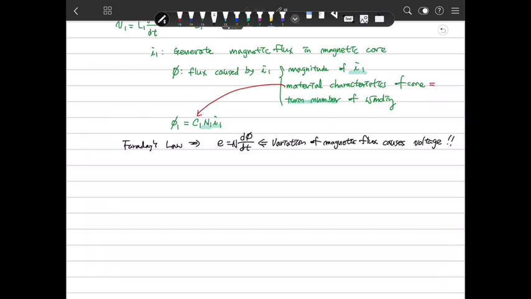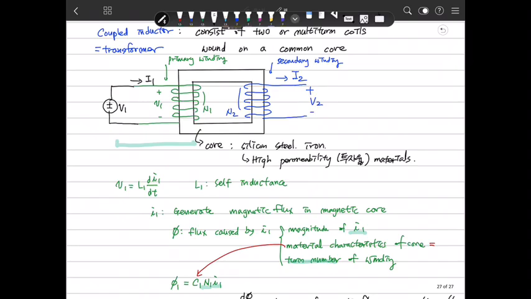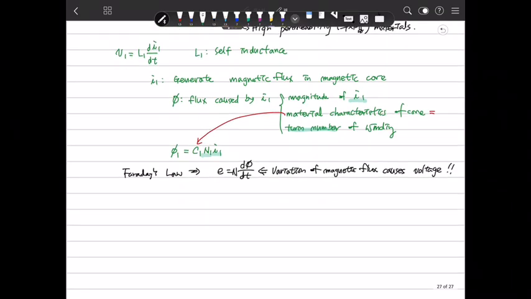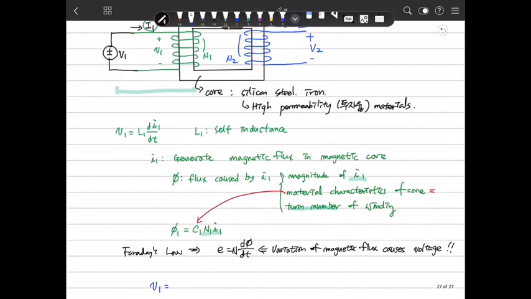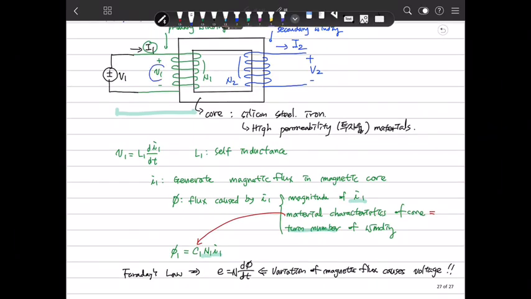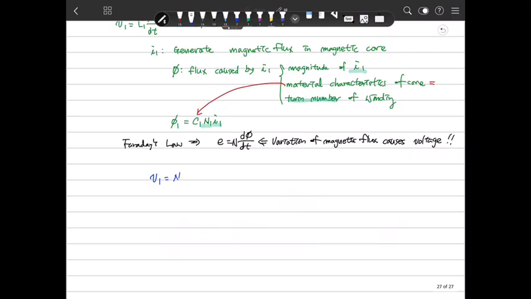Because the current is AC, the flux varies according to the current. So V1 is N1 dphi1/dt.